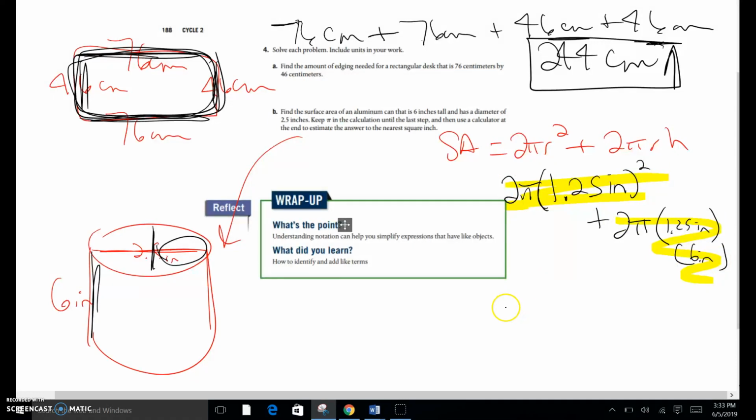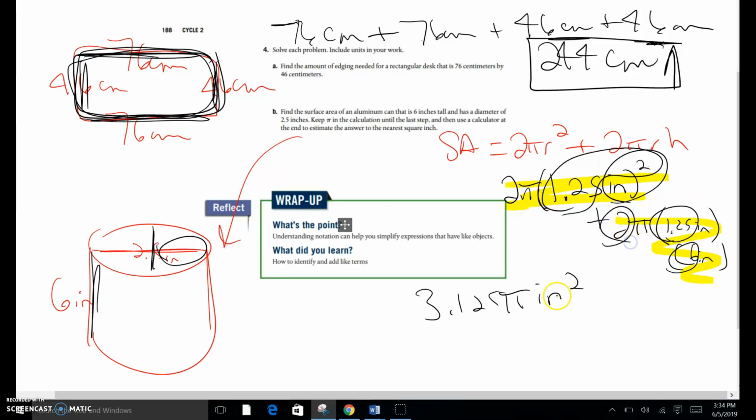All right, so my first answer is what? 3.125. So if I square this guy, 1.25 squared, and multiply by 2, and then I still have the pi, but notice the inches get squared too, so my unit is square inches. And then now I have to take the 6 and that with my pi, so I end up getting, what is that?